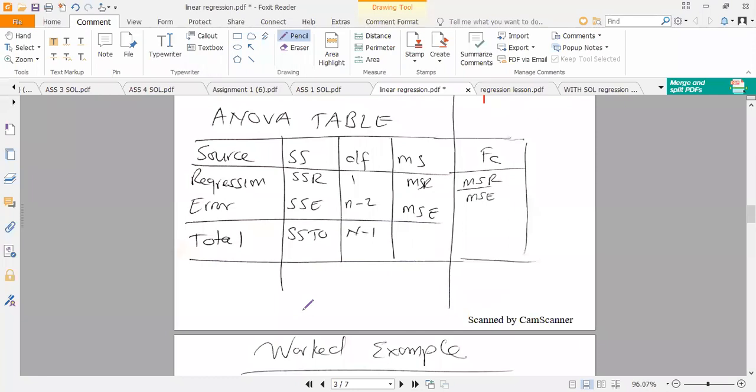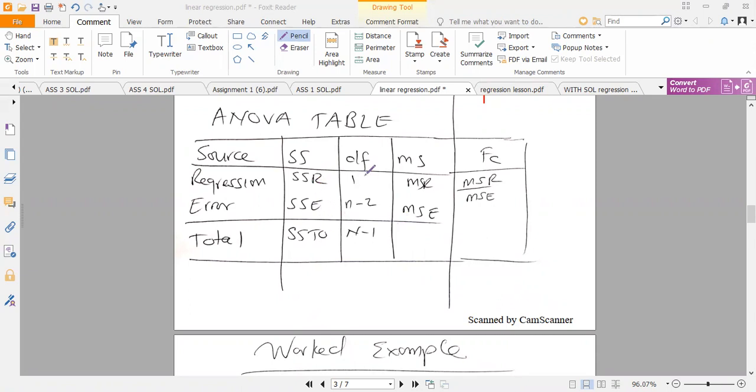So the ANOVA table is drawn like this. So this is how the ANOVA table is drawn: sum of square regression, sum of square error, sum of square total.